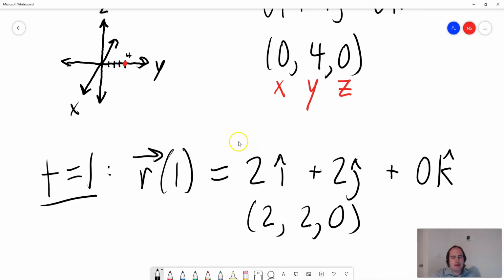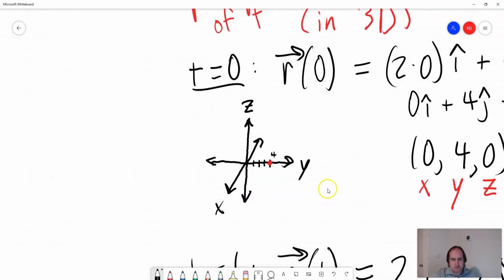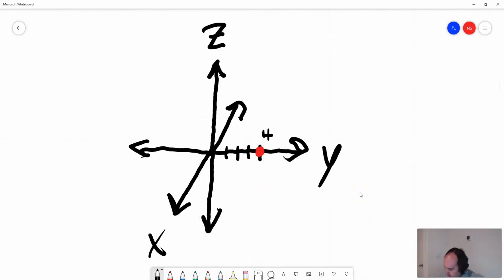So if I zoom back into my graph, we're going to graph x is 2, y is 2, and z is 0. Okay, so x is 2, y is 2, and z is 0.